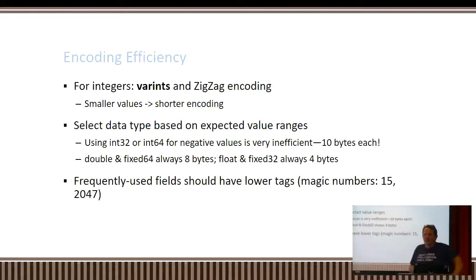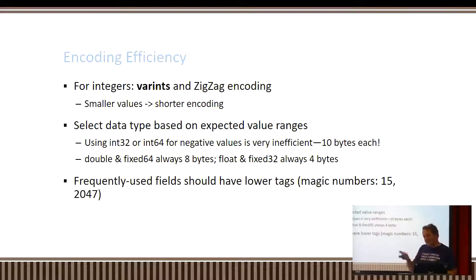So they use a couple of approaches. One is called varints, which is basically if you only need, say, a byte to encode a value, then just use a byte. And they do that by using the most significant bit of each byte to specify whether or not the value continues.